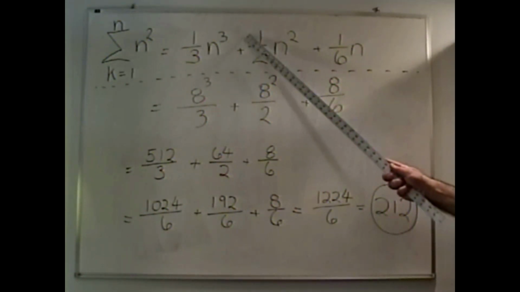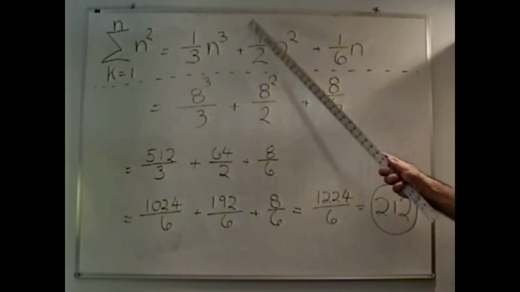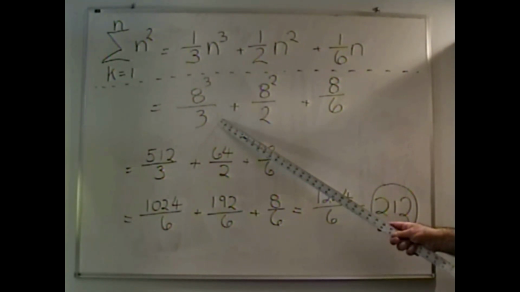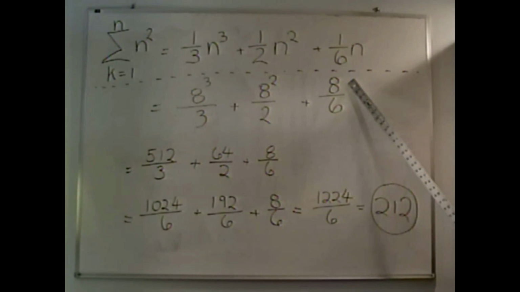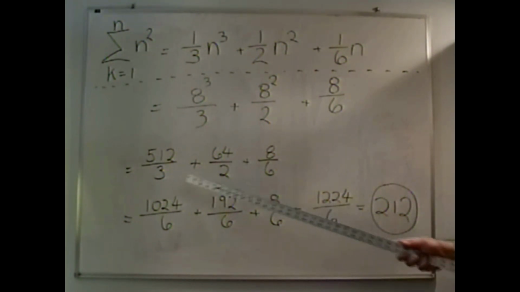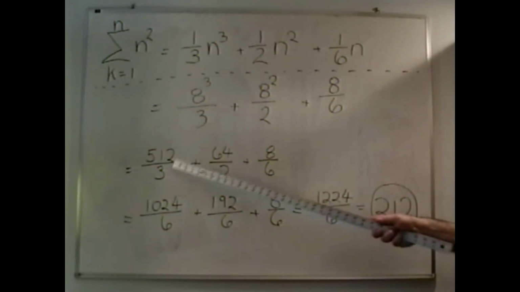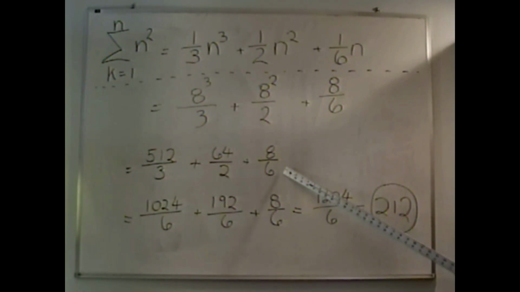According to this formula, the sum of the squares of the first 8 positive integers should equal 8 cubed divided by 3 plus 8 squared divided by 2 plus 8 divided by 6. Doing the arithmetic, the next step would give us 512 divided by 3 plus 64 divided by 2 plus 8 divided by 6.